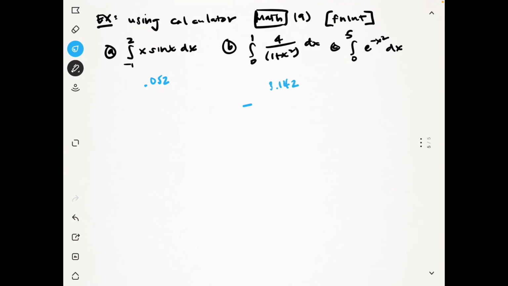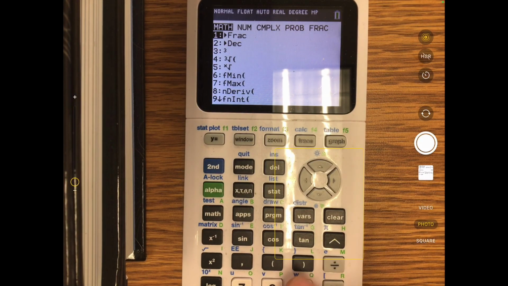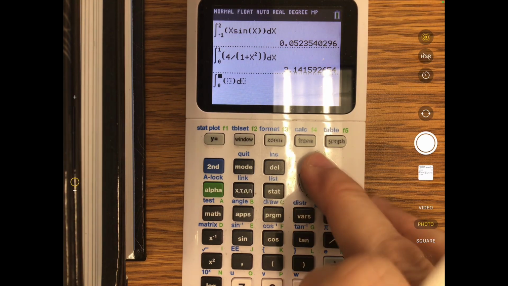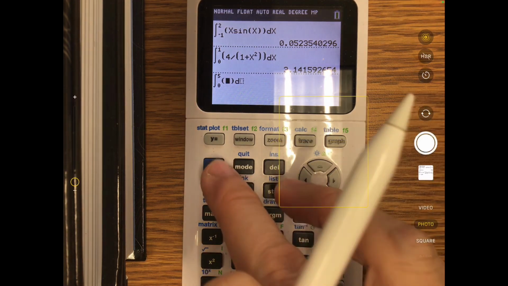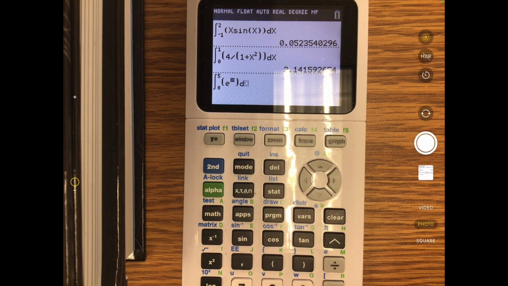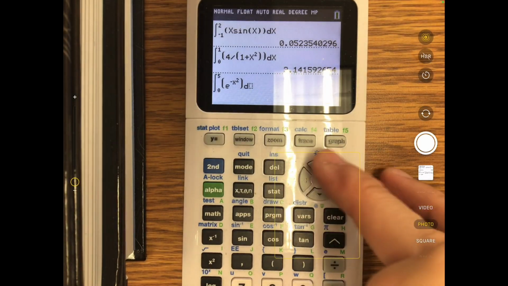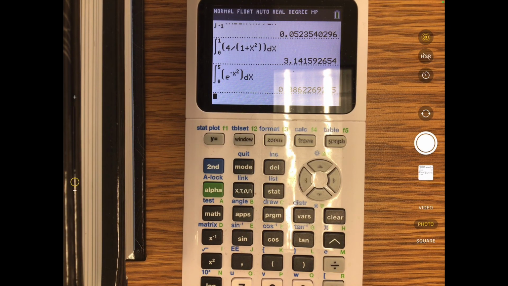Okay, and then the last one, e to the negative x squared from 0 to 5. Math 9 from 0 to 5. e to the negative x squared dx. 0.886.